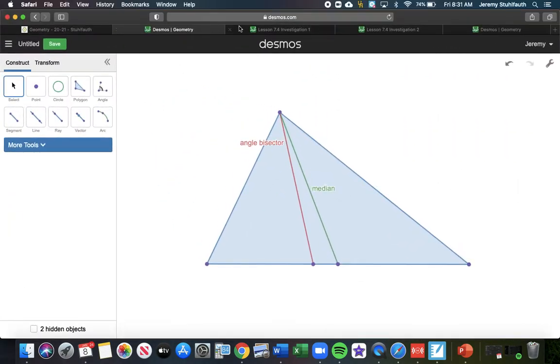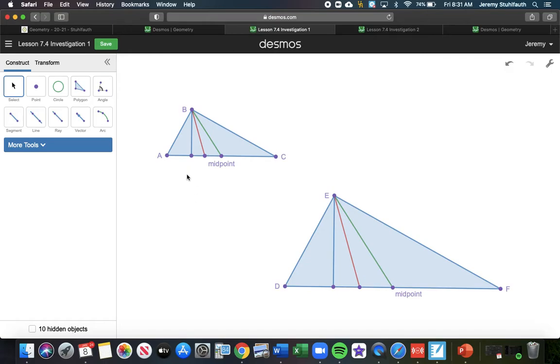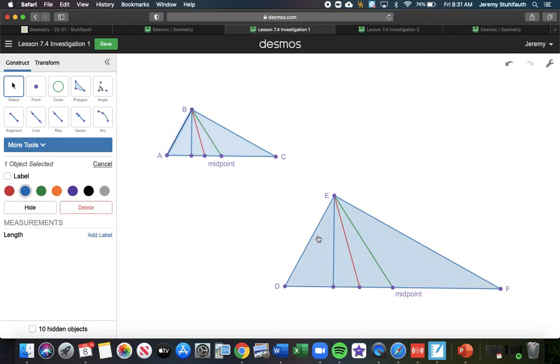So if we come back over here, here's our two similar triangles. What we know is that side AB is proportional to DE, and maybe we should go ahead and check that. So 2.12 and 4.19. This side is 3.99. This side is 7.9. If we wanted to figure out the ratio, the relationship between those two sides, AB and DE, we would take 2.12 and divide it by 4.19.